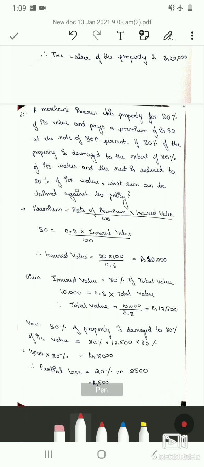So now let us calculate the loss. The statement is, if 80% of the property is damaged to the extent of 80% of its value.